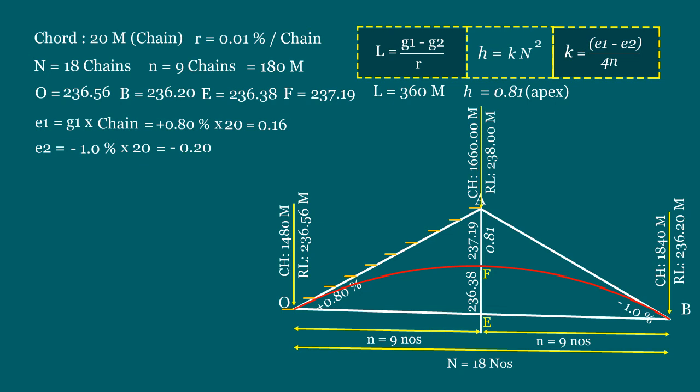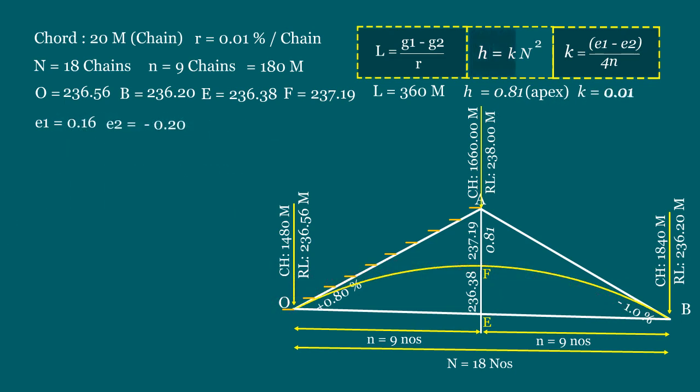Now, we will find the value of constant K. That is, K equals E1 minus E2 divided by 4n. Here, E1 equals 0.16, E2 equals 0.2, and n equals 9 numbers. That gives the value of 0.01. That is, K equals 0.01. Now, we will find the value of H at the apex point of AF.